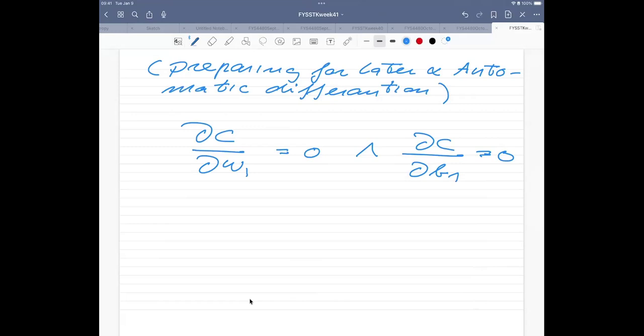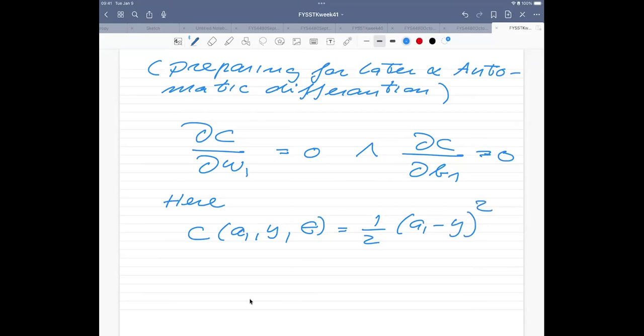So here we could set up a very simple cost function. So we could now decide that the cost function is just going to be the standard mean square error. So in our case, here, we could now say that C as a function of A1, the value we want to reproduce, Y, and the parameters theta is given by 1/2 times A1 minus Y squared.